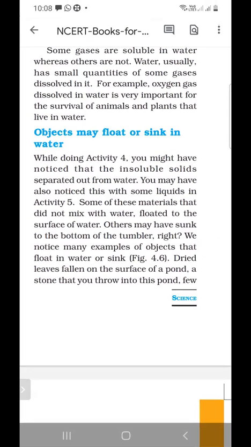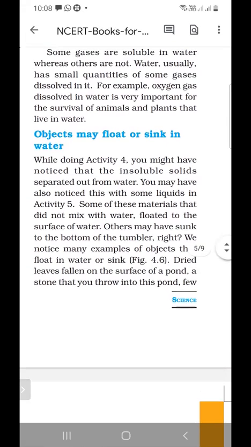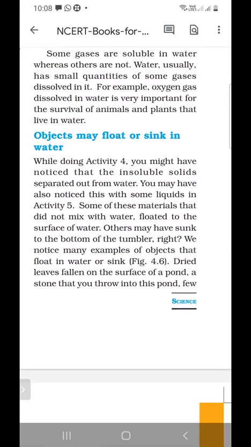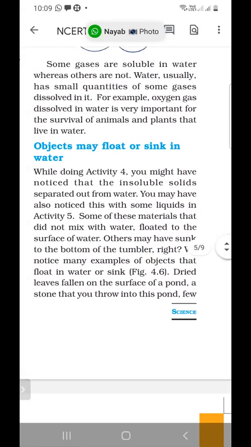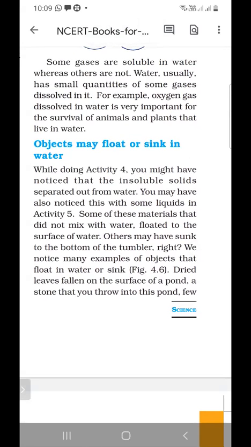And how can we check whether it floats or sinks in the water? The objects which are lighter will float in the water, and the objects which are heavier will sink in the water. So this is also a property of the material. So the first property was appearance, next is soft or hard materials, and third is soluble or insoluble.